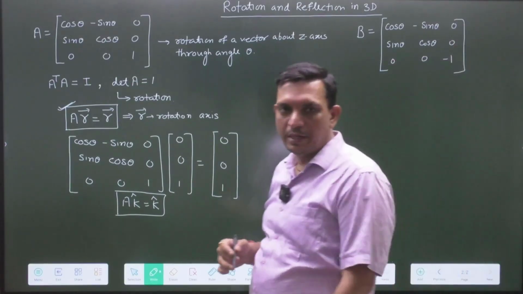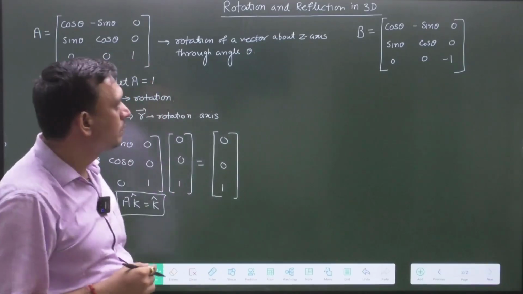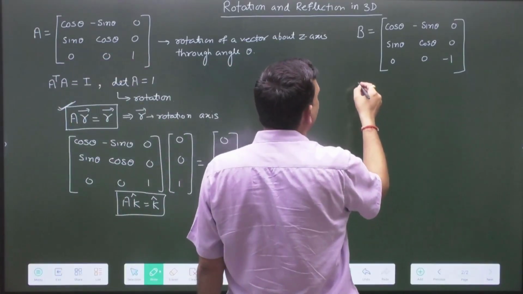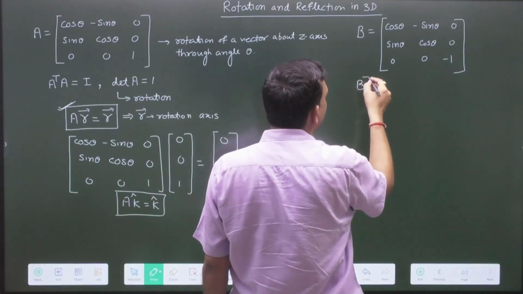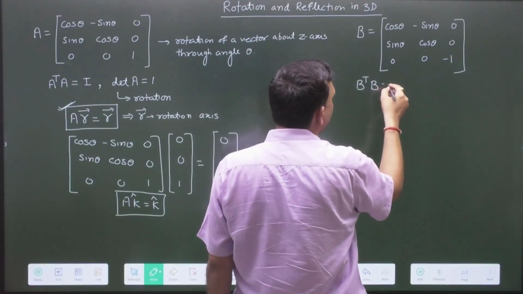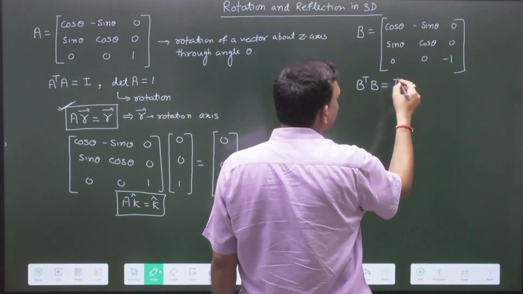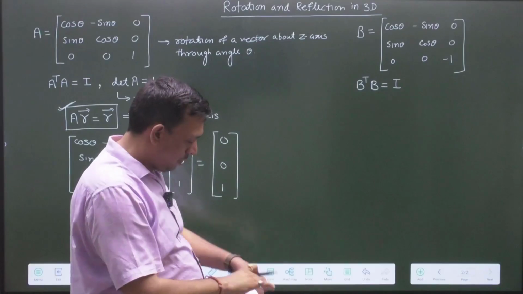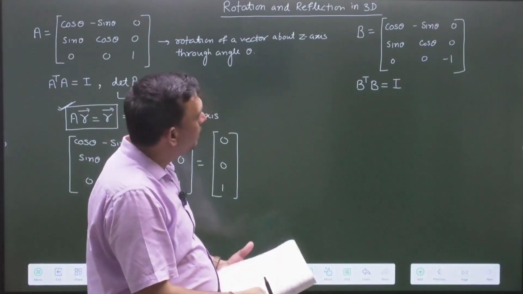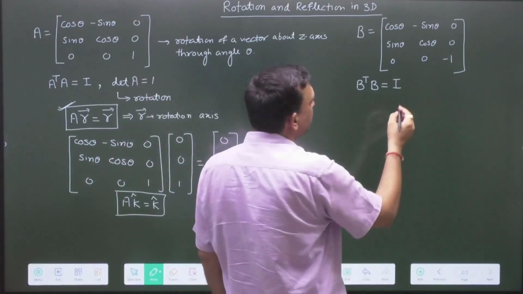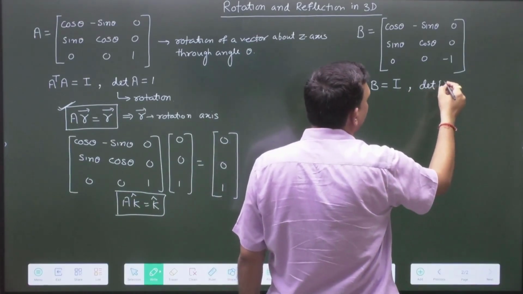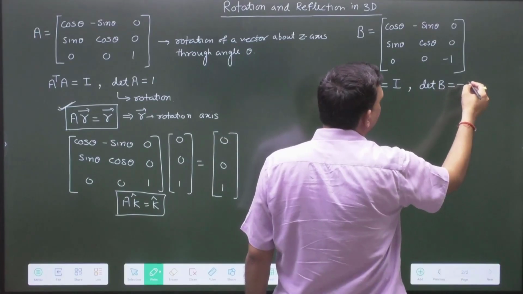Now this will be the matrix. You can again check that B transpose B is an identity. So B is an orthogonal matrix. And what will be the determinant of B? Determinant of B is minus 1.